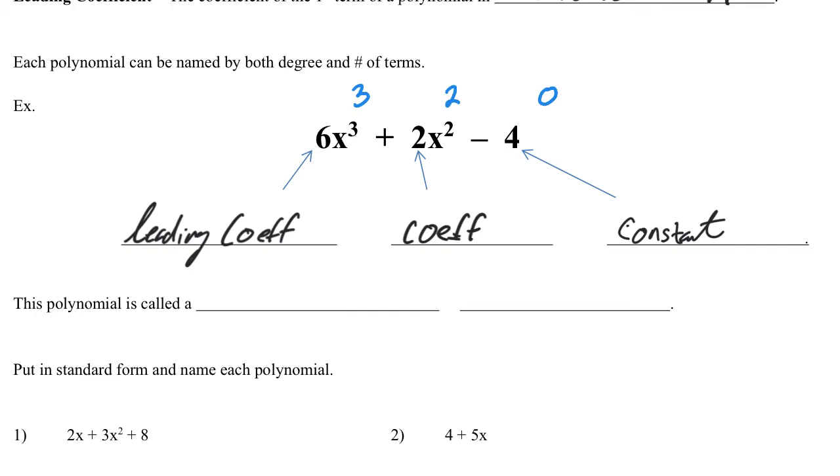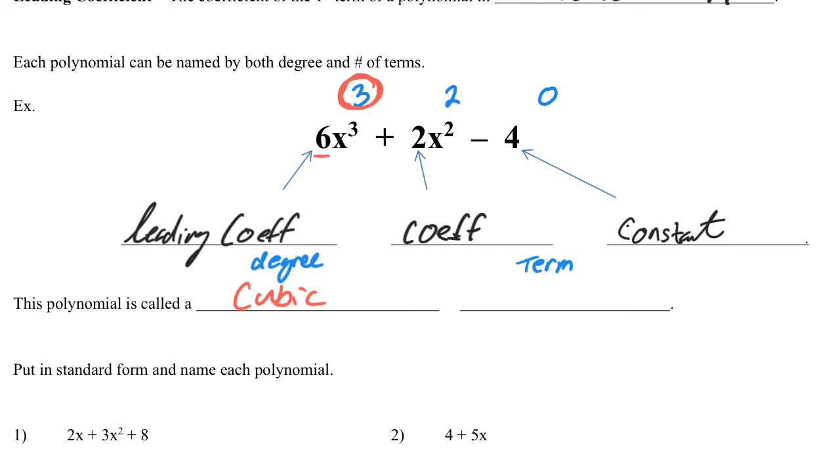All right, so we want to name this. Polynomials, we always name based off their degree first, followed by the name detailing how many terms they have. So our degree is always based off what's the highest degree. So you can go back to the previous page, and a third degree we call a cubic.